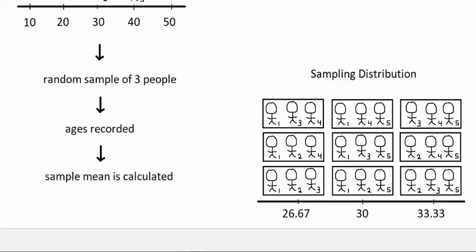Well, to get that probability, what I would have to do is go around and calculate the mean of each possible sample of 3 people, for every combination of 3 people that I might choose, and then count the number of possible samples with a mean of 19.5, count the number of ways it could happen, and then divide the number of possible samples with a mean of 19.5 by the total number of possible combinations, and I would get my answer.